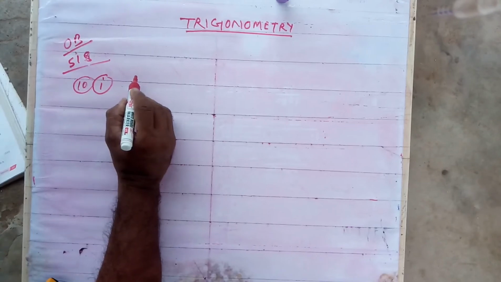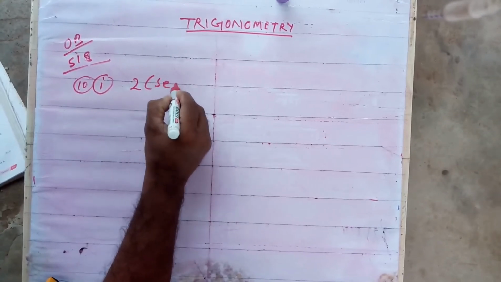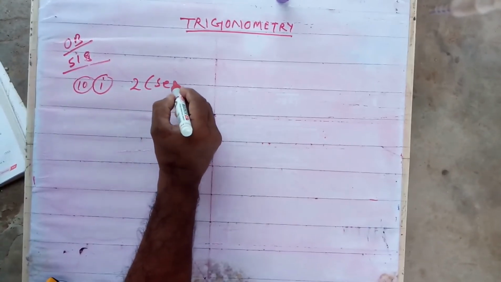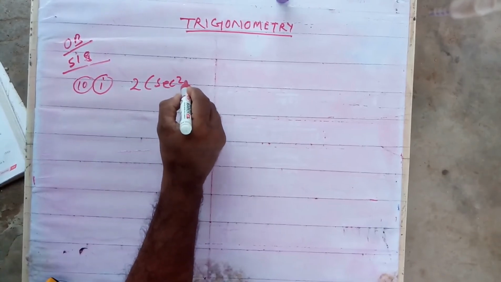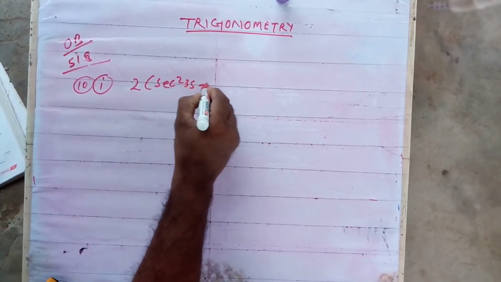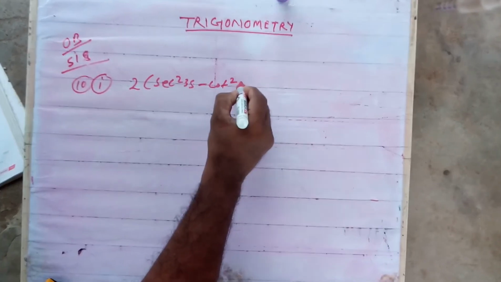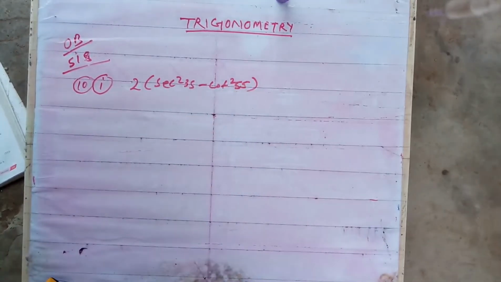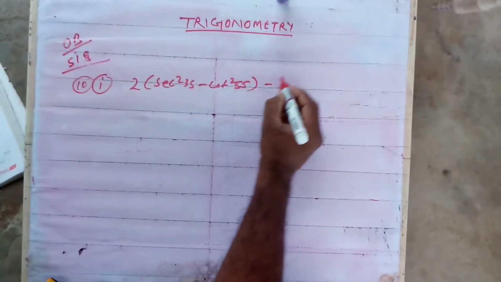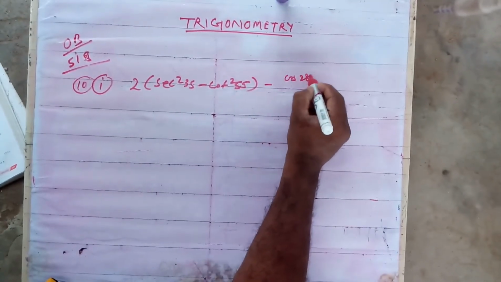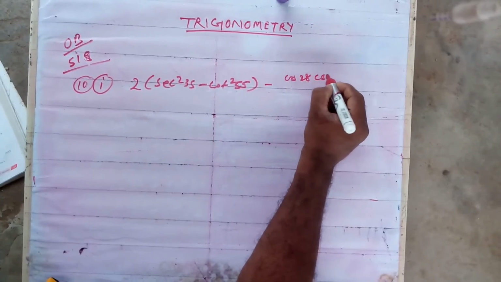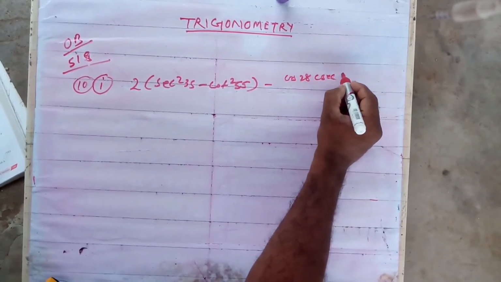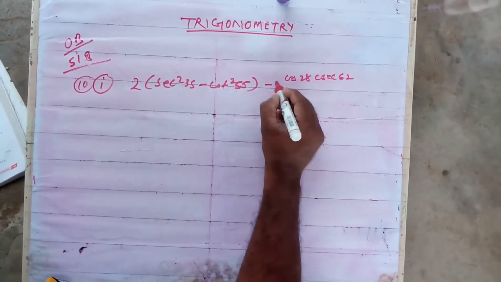The question is like this: 2 sec square 35 minus cot square 55 minus cos 28 into cosec 62.